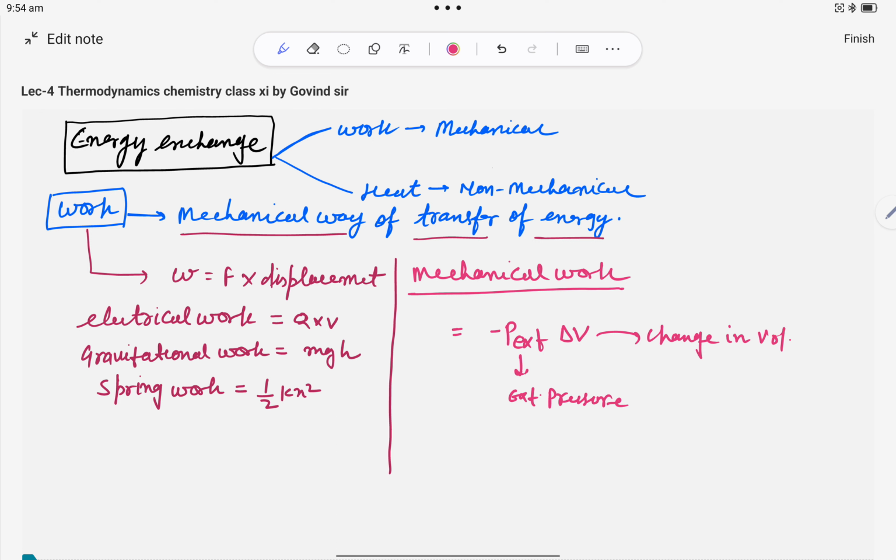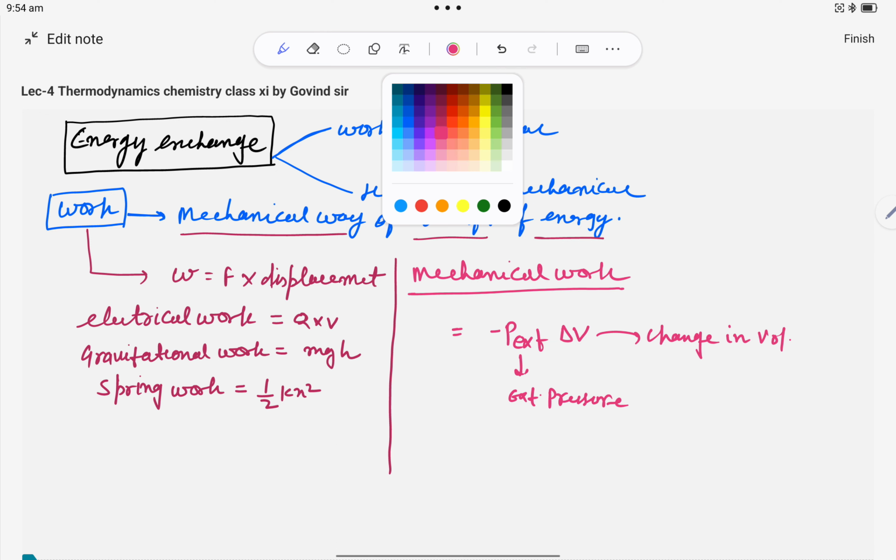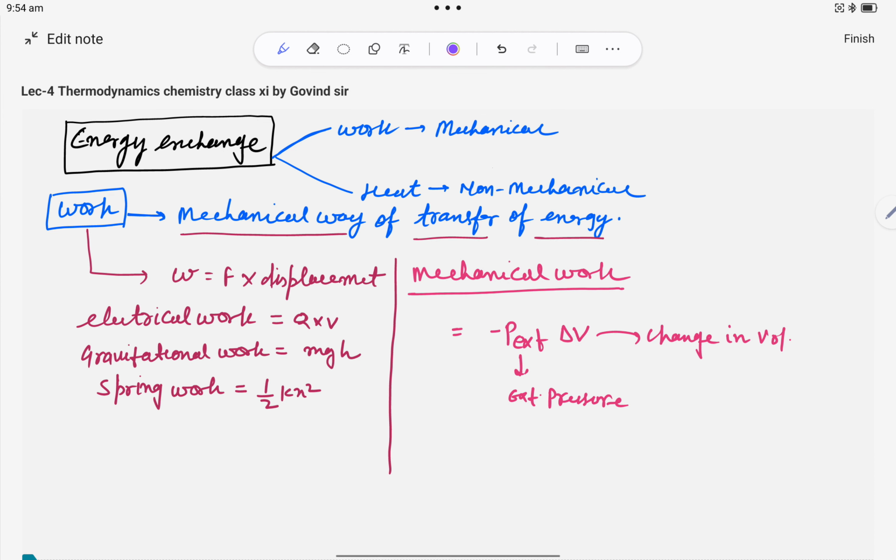So this is the formula. Now you have to think about it. W is equal to minus P external delta V.